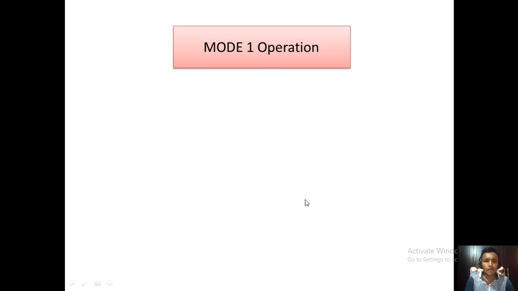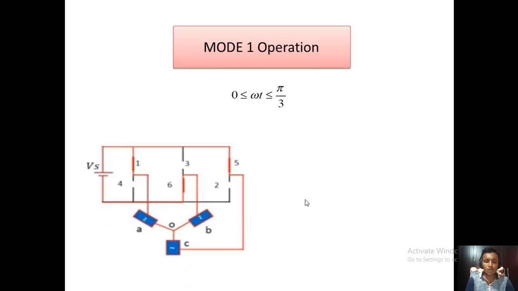In this mode, which is 0 to pi by 3, that means the 0 to 60-degree mode of conduction, thyristors Q1, Q5 and Q6 are on.